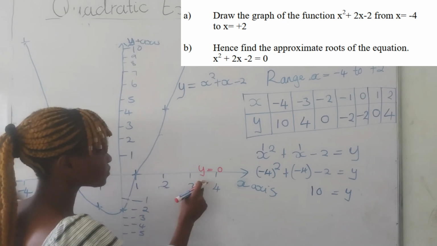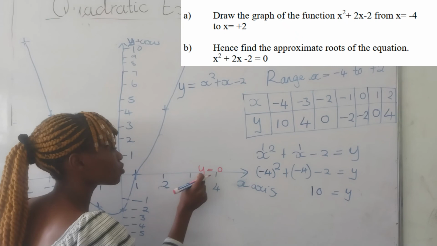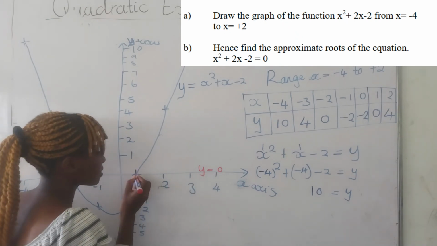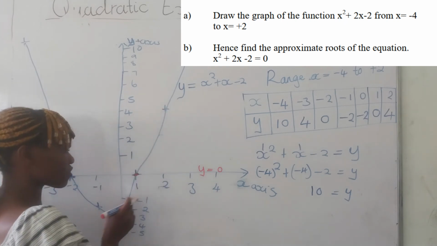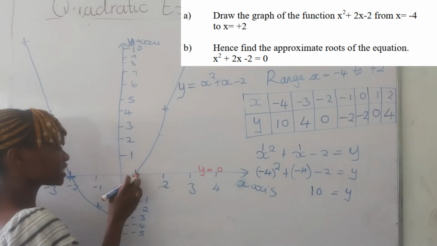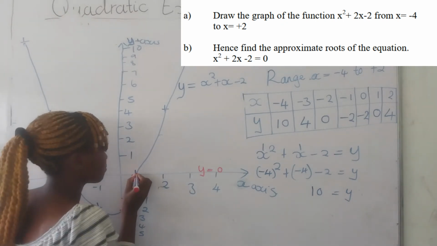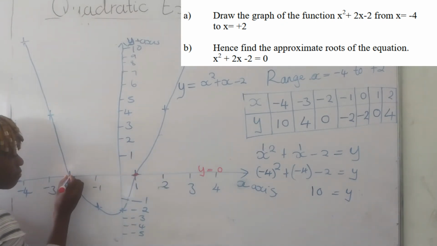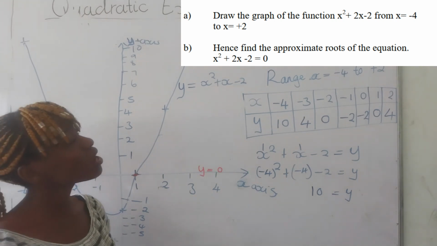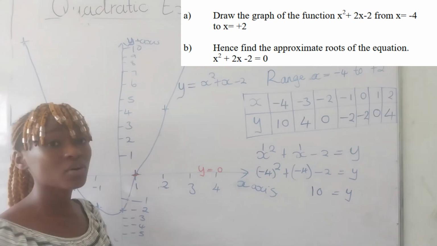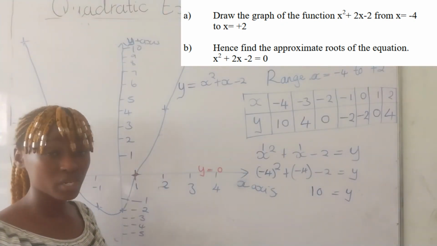So now for us to obtain the x values on y is equal to 0, we find the parts where our curve crosses or touches the x-axis. So this is the part that it touches, and this is the other part. As we have said, for a quadratic equation, you usually get two answers.